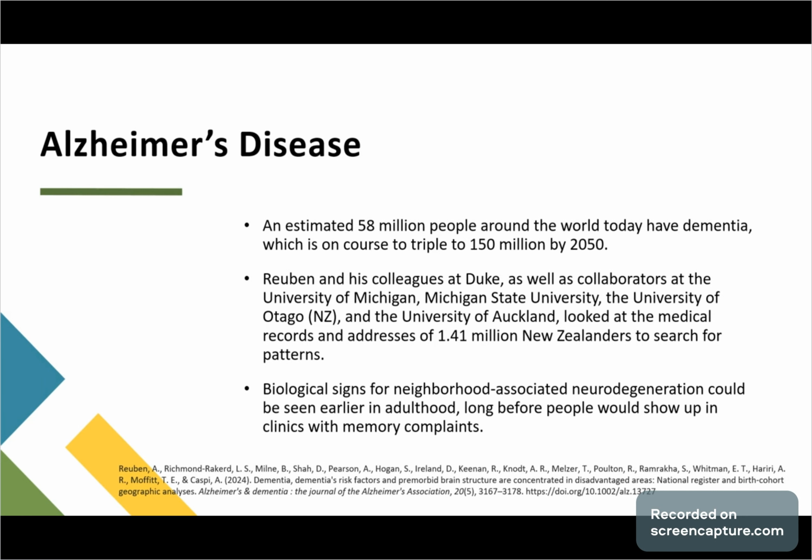One of the things that's interesting is that there's actually neighborhood-level neurodegeneration going on earlier in adulthood. There are certain areas that are more affected, certain areas that are less. So why is there a geospatial connection here?